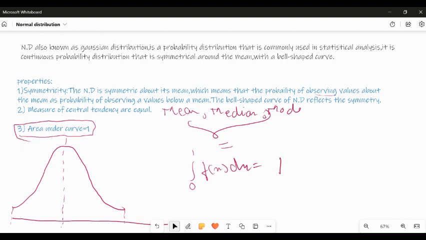Whenever we are converting into a standard normal distribution by using a z-score value, if I need to find the area from this to this, we subtract this part from 1, and then we get this value. Based on that, we will be calculating. So the property comes from the area under the curve being equal to 1 in a normal distribution. These are all the properties of the normal distribution.